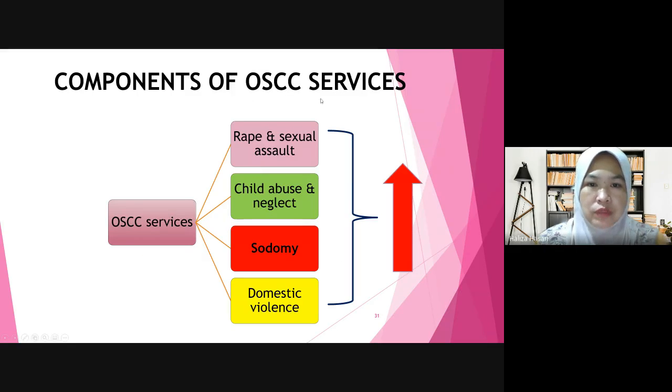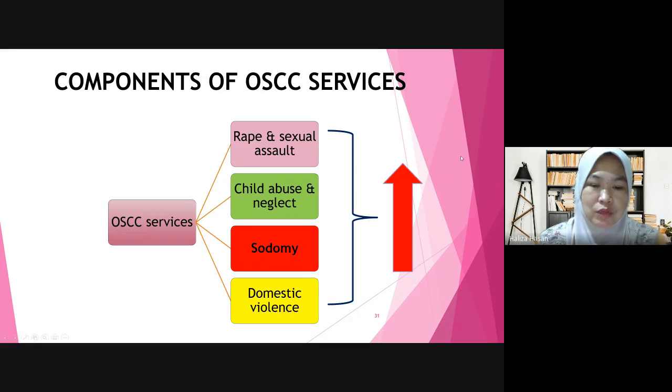Components of the OSCC service: domestic violence, sodomy, child abuse and neglect, and also rape and sexual assault. The rape and sexual assault cases are very common for women.